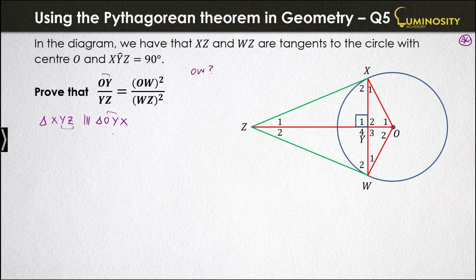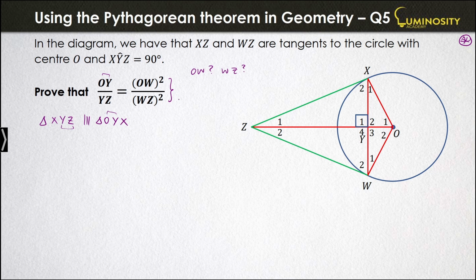Not in this current statement. Do we have something with WZ? Not in this current statement. So this right-hand side is the clue to look for a third triangle that, if we can show it is similar to these other two triangles, then we're done. Because then we have this long chain of similarity that we can use proportionalities to work backwards towards this.